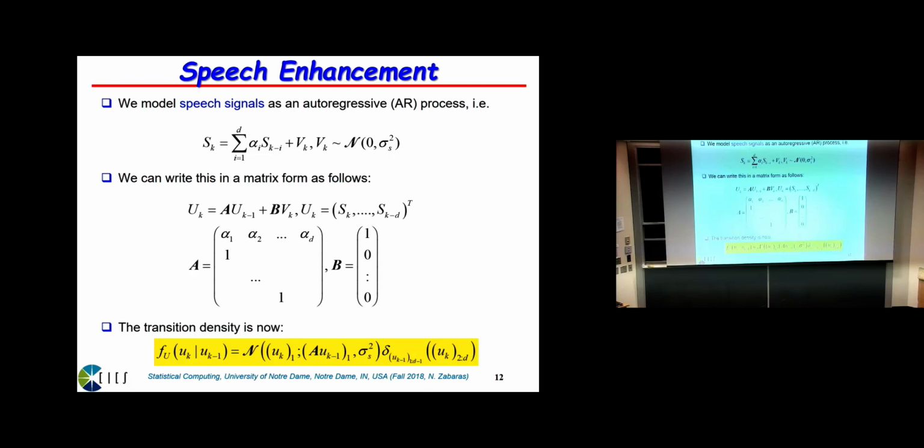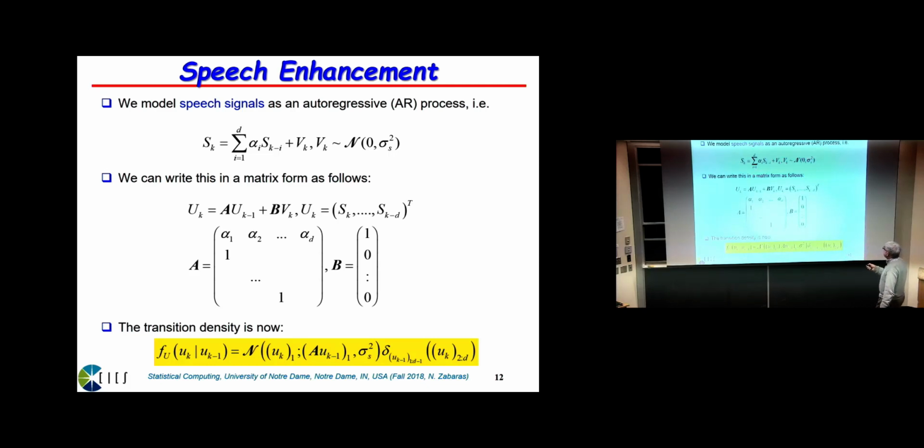So here, in speech signals, for example, if you have some previous words, you can figure out what the next word is, and you do this with an autoregressive model. So if you have these speech signals from k minus 1 to k minus d, you can see what the next signal is going to be, all right? So this fits nicely on our Markovian model, and then you put some Gaussian noise.